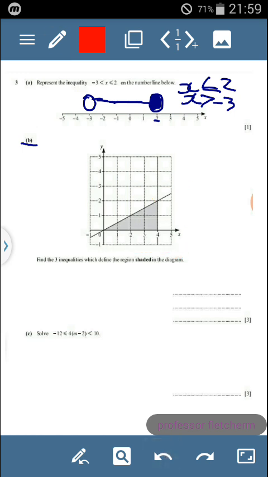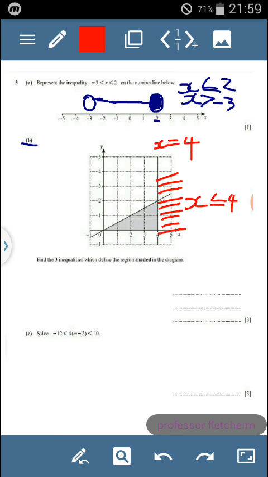So for us to be able to get this one, definitely x is equal to 4 here, x is equal to 4 there. But our x is not going to this region. In other words, x is smaller or equal to 4 because it's a solid line.